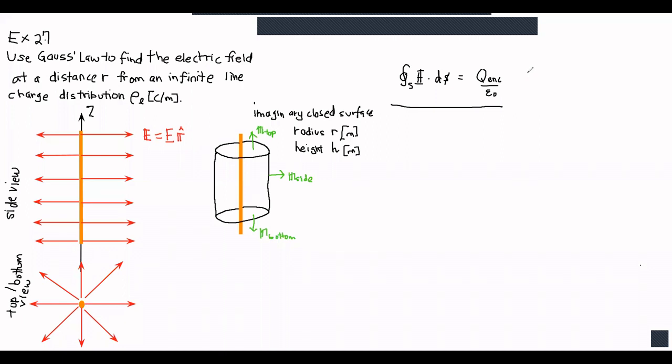Okay, so we come to a blank whiteboard over here. From just now, we already know that the left hand side of this equation is equivalent to E 2 pi r h, and then we have the right hand side, Q enclosed over epsilon 0.